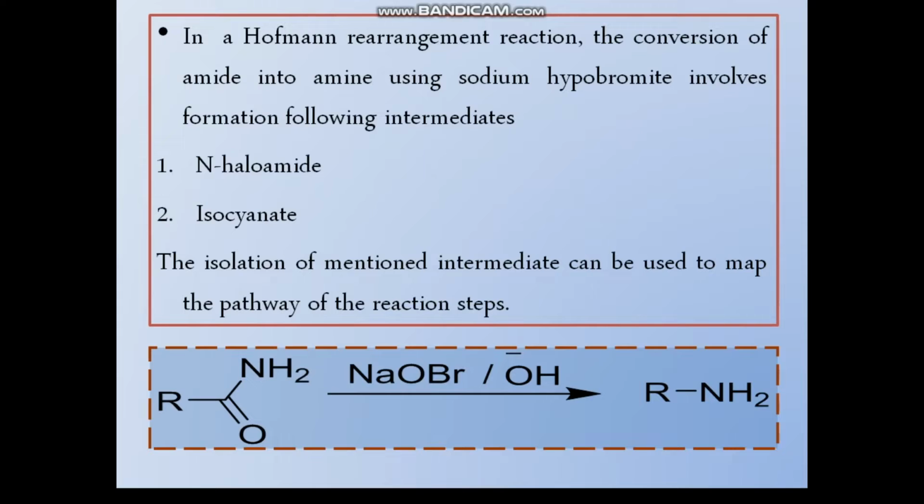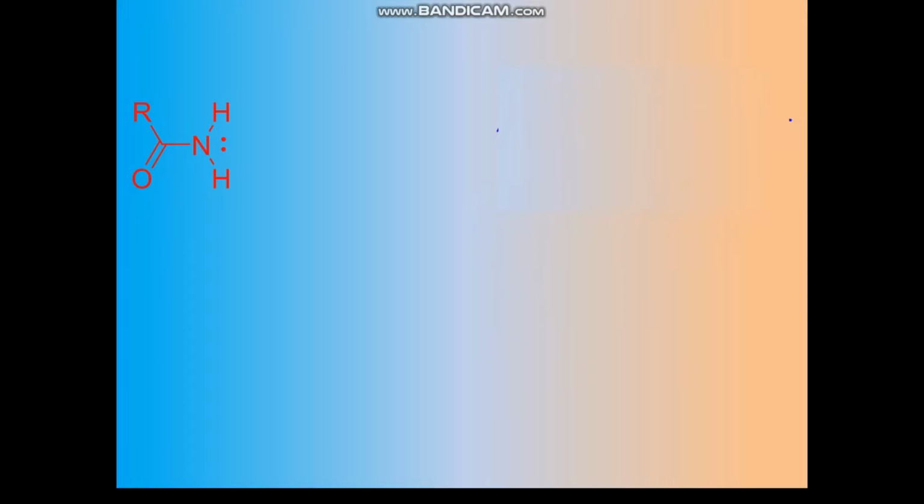When we understand how these came into existence, probably we can map out how this amide really turned into amine. Let's say this is the amide. In presence of a base, obviously the proton would have been abstracted, leading to this kind of an anion.